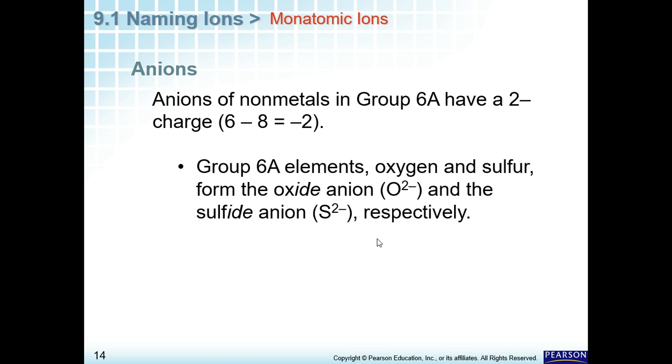If we were going to look at group 6A, well, if I was going to focus on the charge, 6 minus 8 means my charge is a negative 2. I have a negative charge, so my ending has to end in "ide." So oxygen and sulfur, which are normal elements in group 6, are going to become oxide and sulfide.